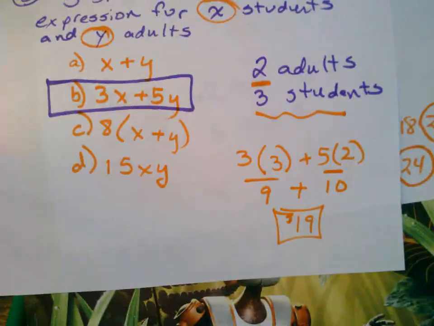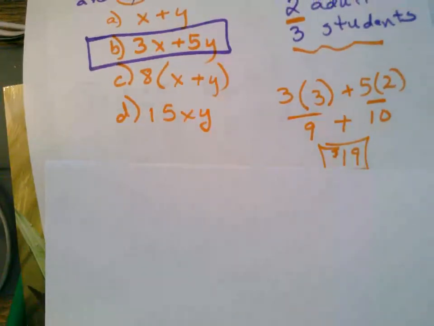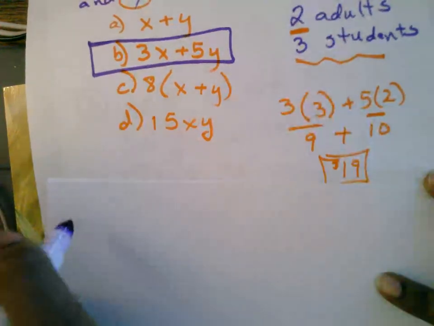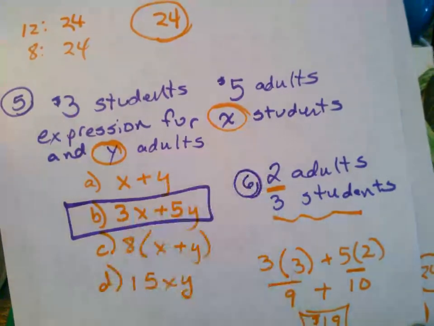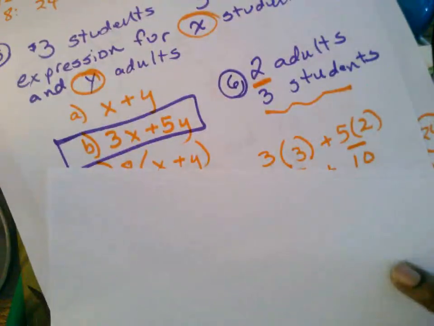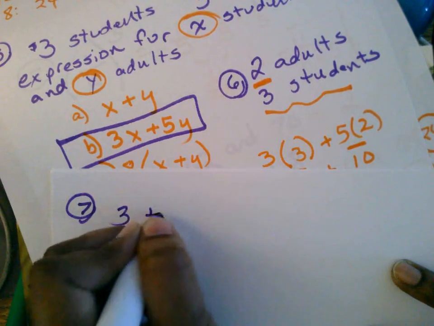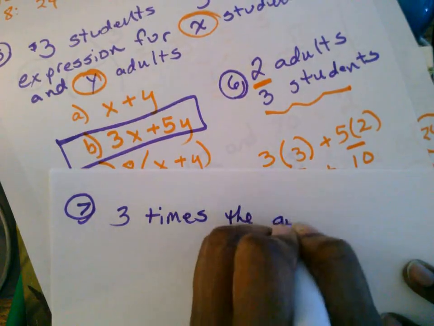Question number 6. No, 6? Oh, okay, yeah. Technically, this is number 6 right here. So let's call this number 7. 3 times the amount.